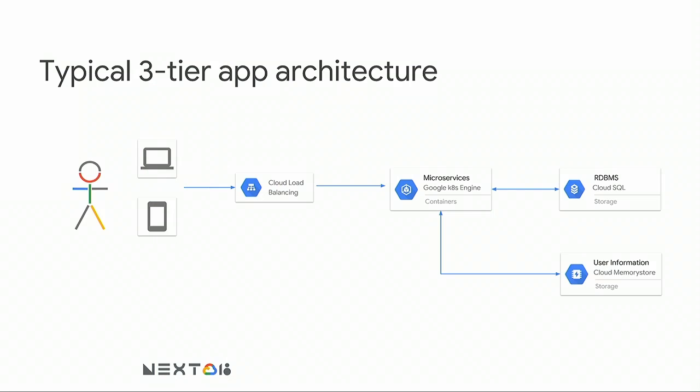This is the simple three-tier application that I talked about. In this case, it's a single-page application that uses Vue.js. It's going to talk through our global HTTP load balancer into a Java Spring API hosted on top of GKE.